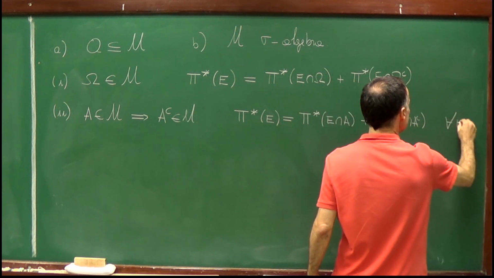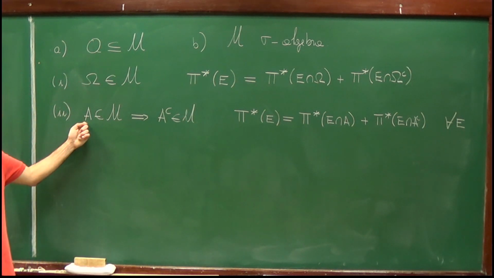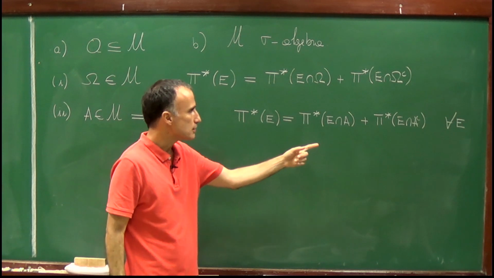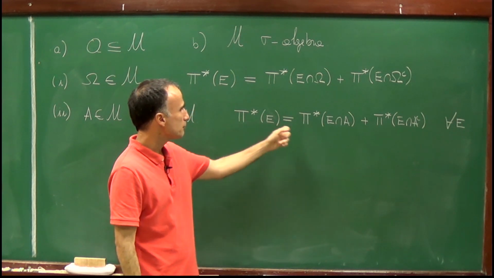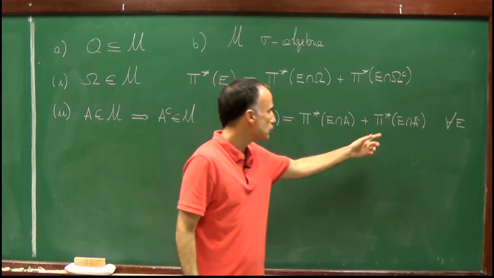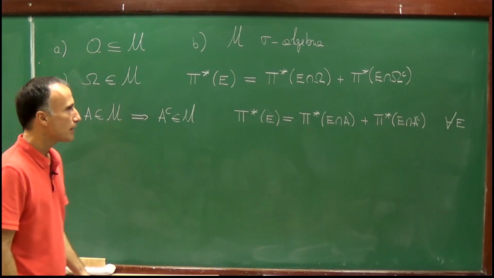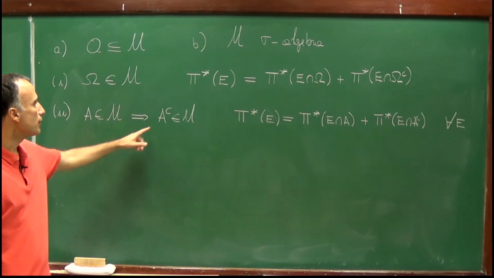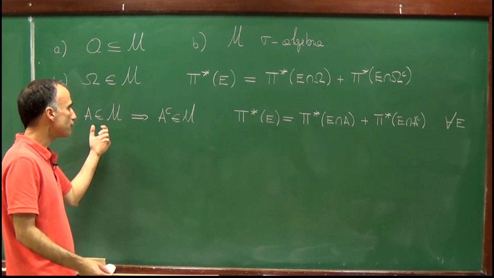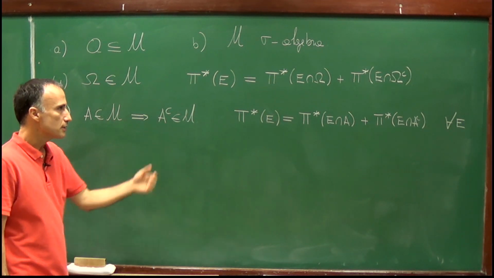So to say that A is measurable is to say that for any subset E of omega we have this identity. But if this identity holds, it holds also for A complement, since this expression is symmetric by complements, and therefore A complement belongs to M. So the fact that M, the set of measurable sets, is closed by complement is obvious.